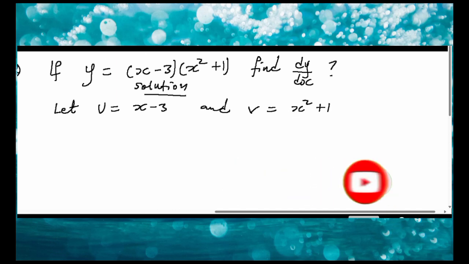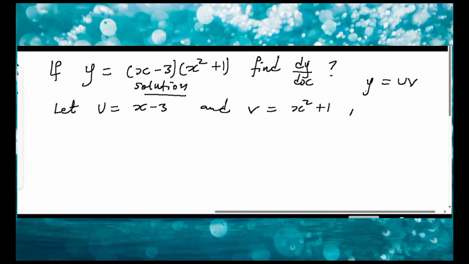So you realize that if we have this, then our y is in the form of uv. Do you see that? In place of x minus 3, we have u, which is equal to x minus 3, and in place of x squared plus 1, we have v, right?